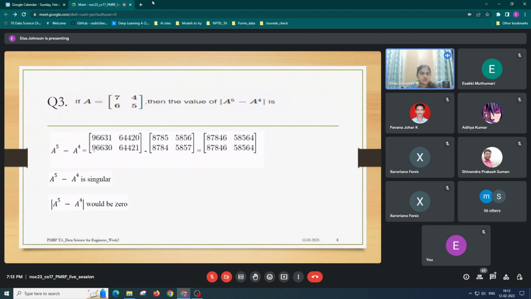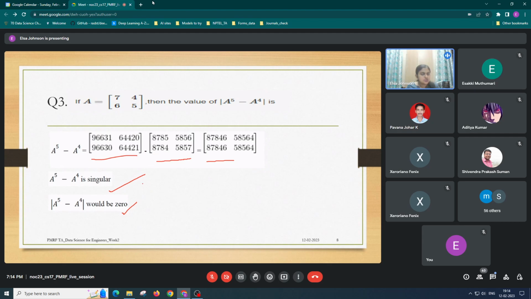A raised to 5 is calculated like this, and A raised to 4 is coming like this, and the total will be coming in this way. Here you can see that A5 minus A4 is singular. If it's singular, then the determinant of A raised to 5 minus A raised to 4 would be 0. We'll see the operation of this in R also.